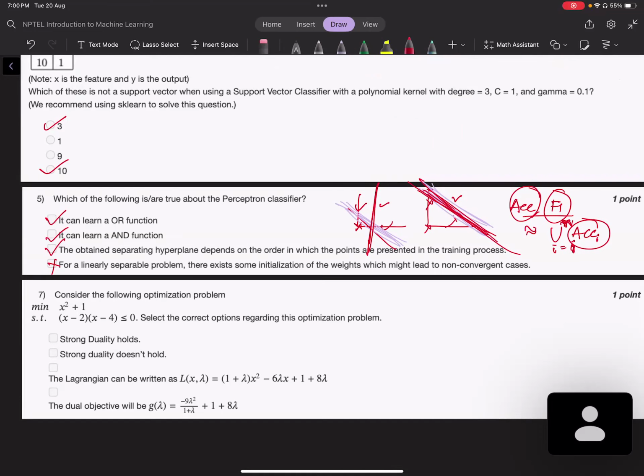In case of the perceptron learning algorithm, it's more like an artificial neural network, an ANN. It learns, so it minimizes the loss. It will see one point and minimize the loss against that point. Then it will go on to another point and try to minimize the loss against that point. Let's say this is the initial decision boundary and these are two points.